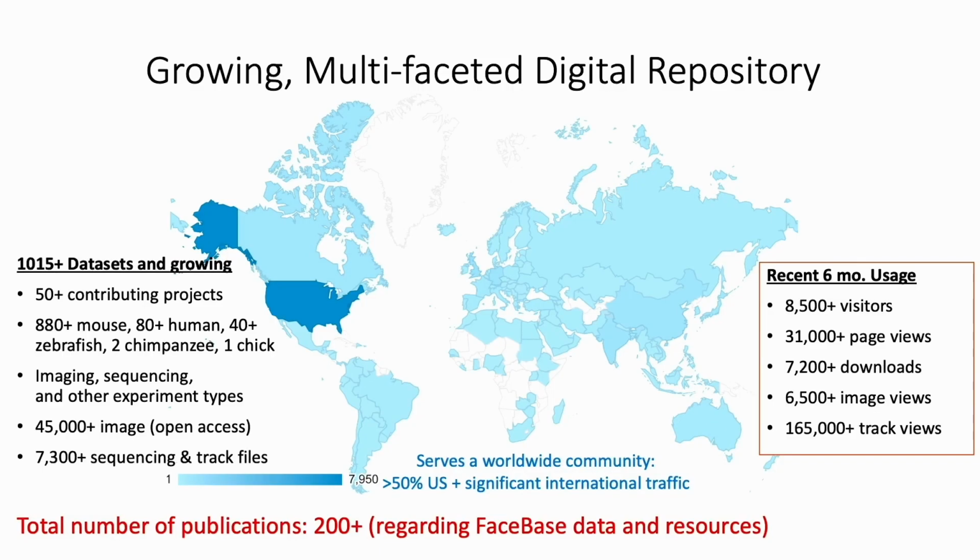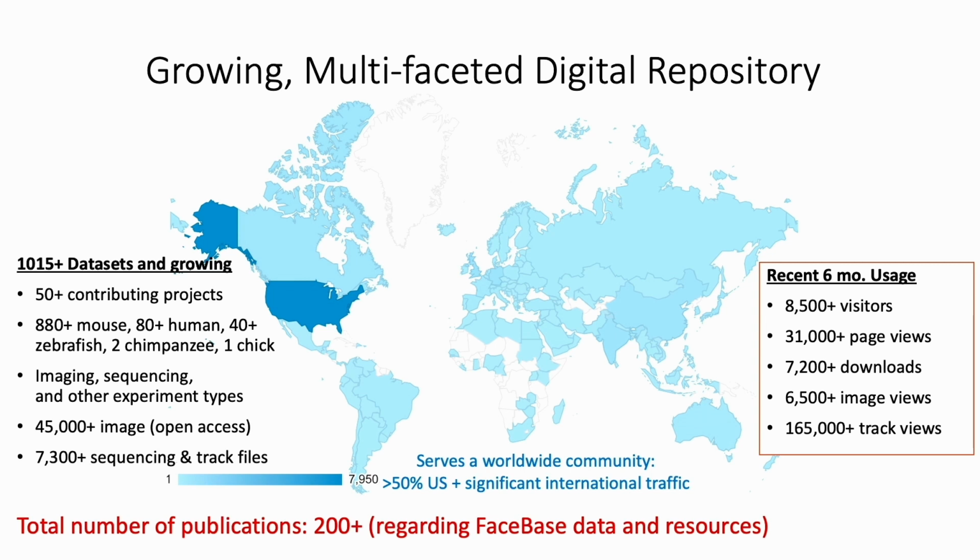All right, so currently, if you look at the FaceBase, we have over 1,000 data sets, and that includes different model organisms. Most of the data are related to usage of transgenic animal models, such as the mouse model.